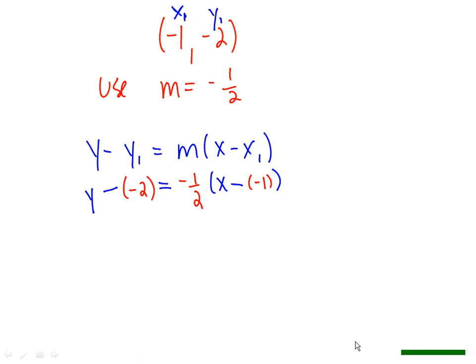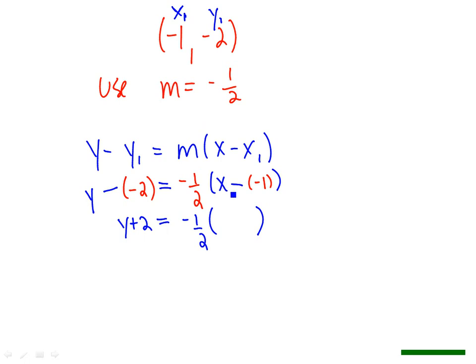Now I'm going to simplify some things. So we have y minus a -2, which is y plus 2. And what I'll do here is go to the inside first. It's very important that you actually do this first and not distribute first, because your signs will get mixed up.